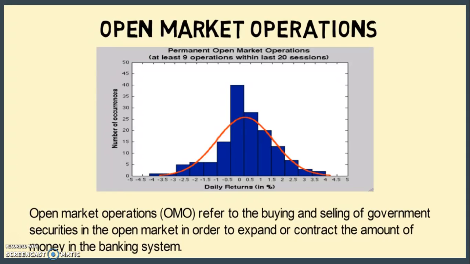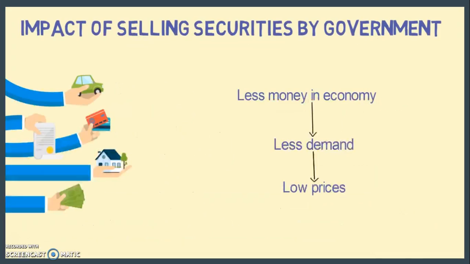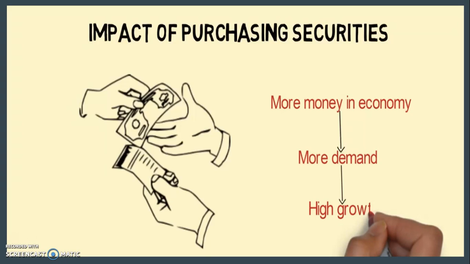Whenever there is selling and buying in the open market operations by the RBI, it has some impact on the economy. What will be the impact when they are purchasing securities? Obviously, they are supplying money into the economy. That means there is more demand, and it will indirectly lead to high growth because there will be more funds for businesses to flourish.